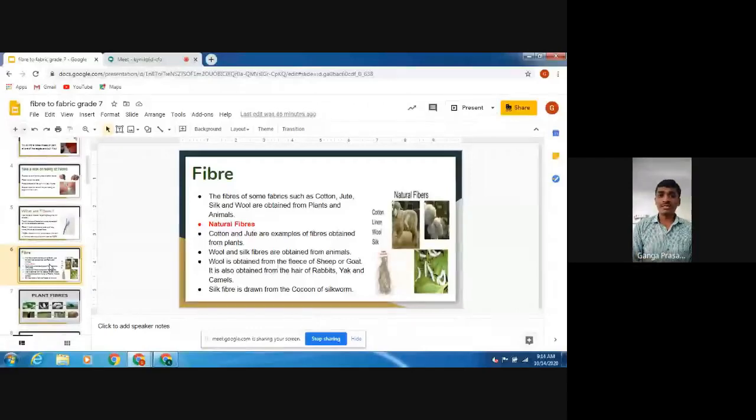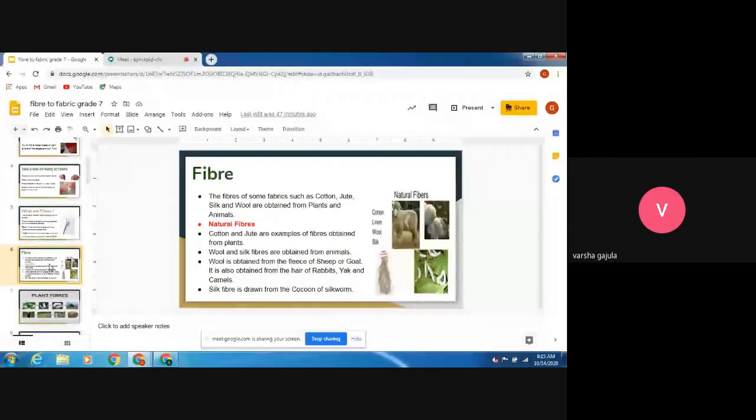So up to now we discussed fibers. What are fibers? Thin, long, narrow structures are called fibers, right? So from where do we get these fibers? Do you know? Wool, sheep. Sir, from sheep, goat, hairs.